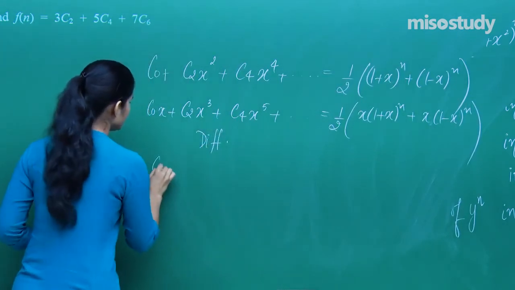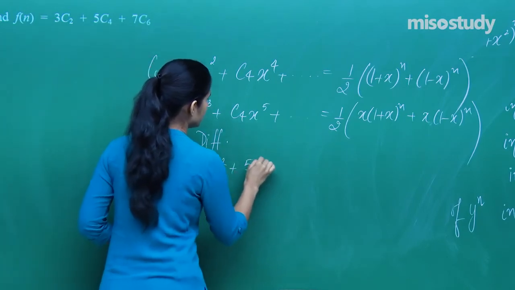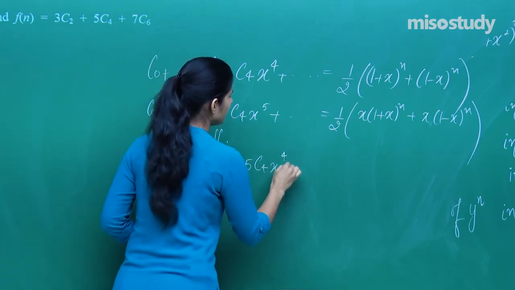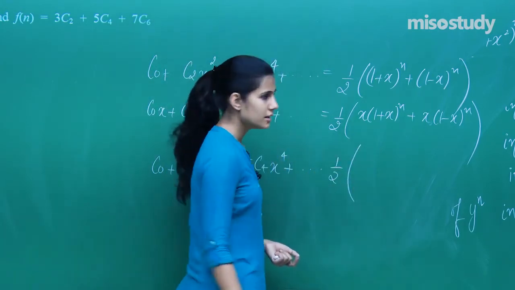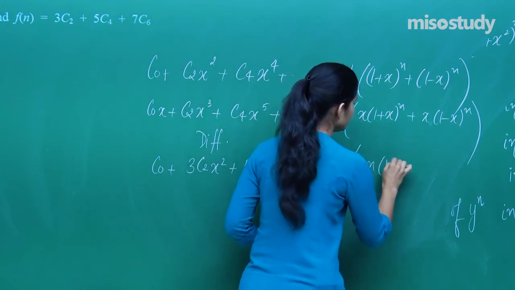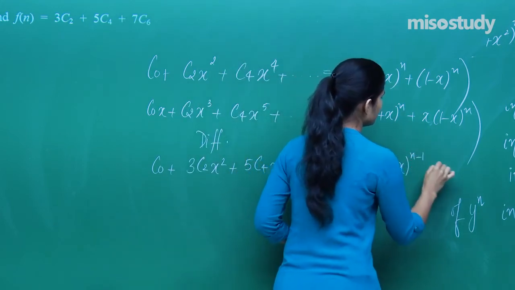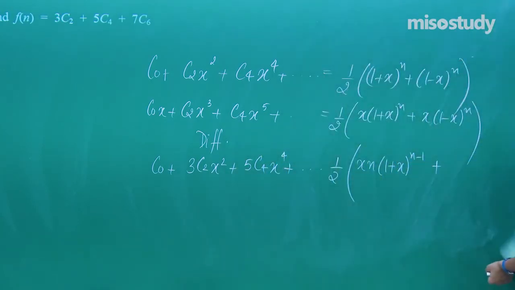When you differentiate, you get C0 + 3C2x^2 + 5C4x^4 and so on, equal to 1/2 of, this becomes first number into differentiation of second number plus second number into differentiation of the first number.